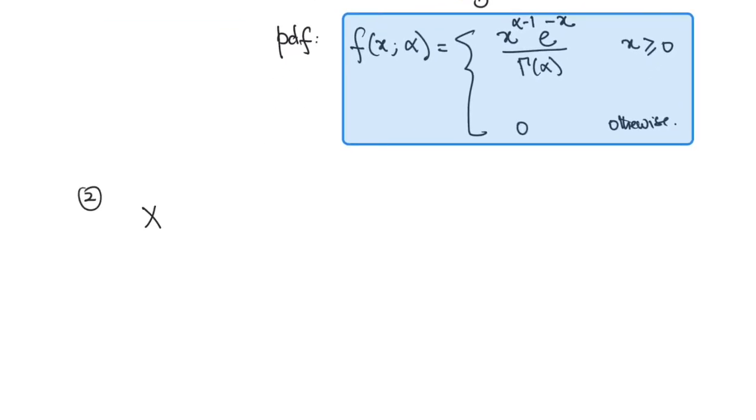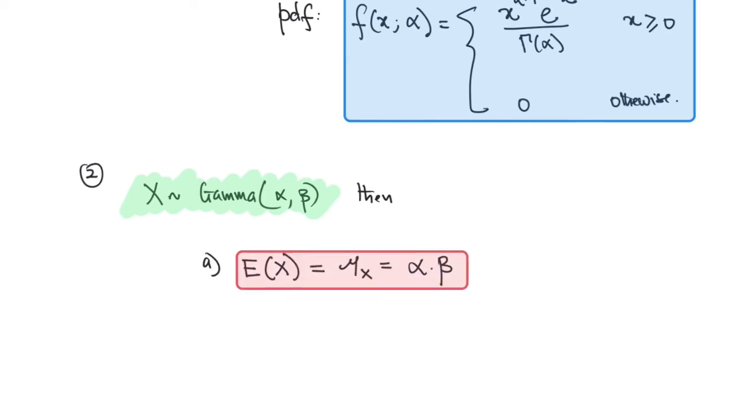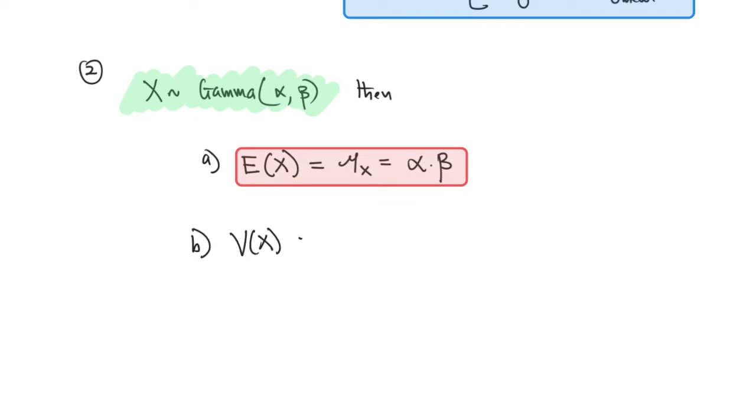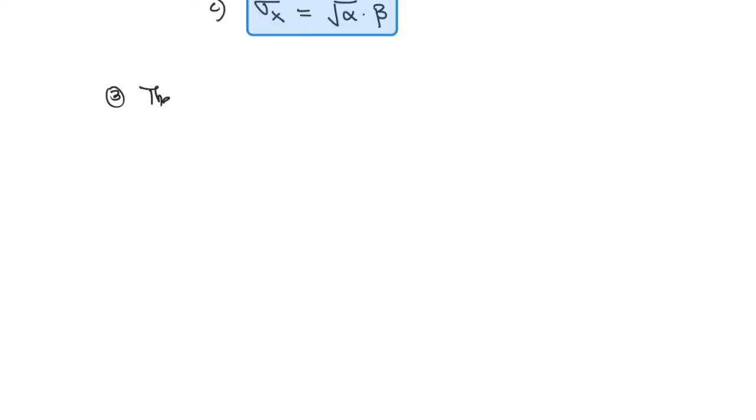Now, if x has the gamma distribution with parameters alpha and beta, then the expected value of x is going to be alpha times beta. The variance of x is alpha times beta squared, and the standard deviation is the square root of alpha times beta.